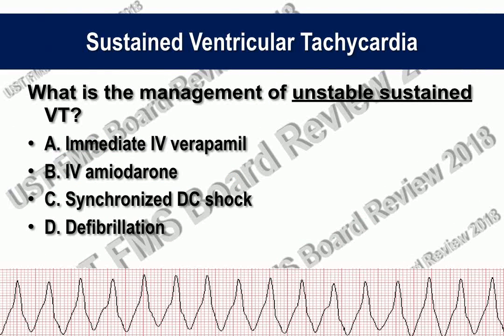On the other hand, when you have an unstable, sustained ventricular tachycardia, that means your patient has a pulse but is hypotensive or has hemodynamic instability, this time there's no room for medication. These patients need to undergo synchronized cardioversion or synchronized shock.